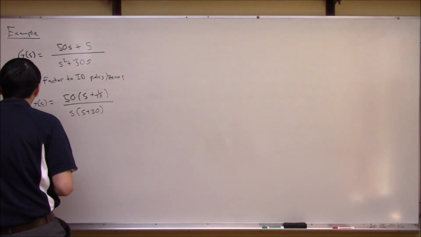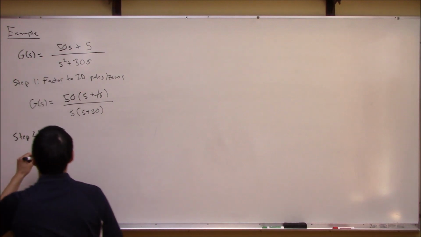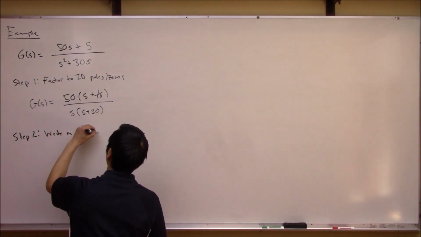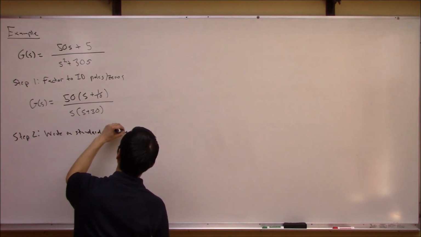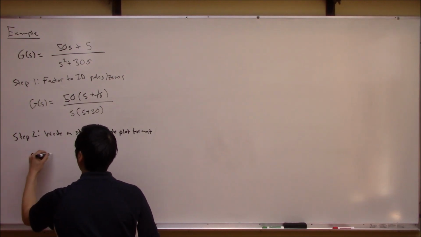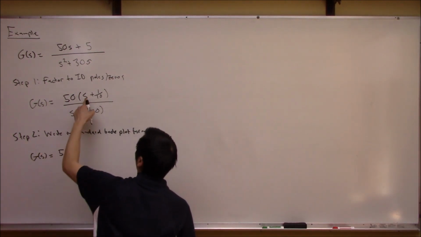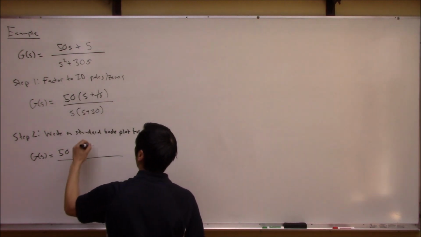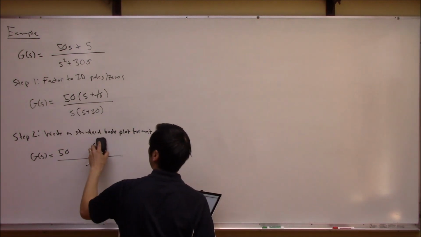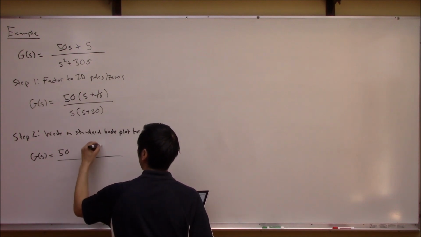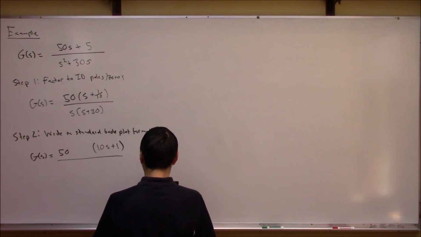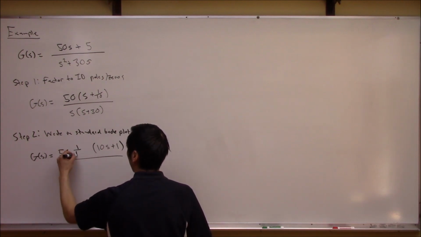So step 2, I want to write in standard Bode plot format. Okay, so I've got the 50 here. Now, this first term I need to turn into a 10s plus 1, and what that means is I pull out a 1/10 on this side.